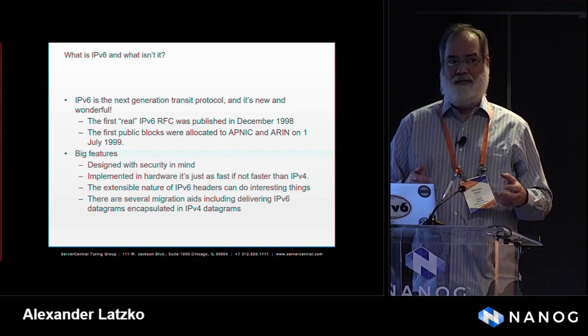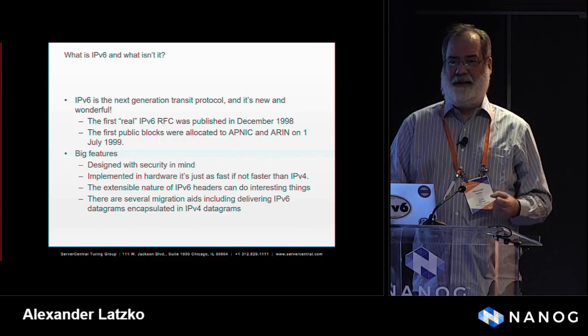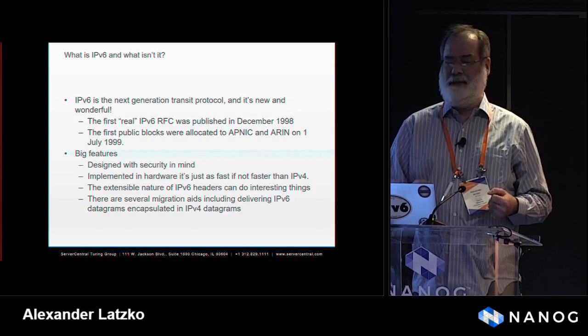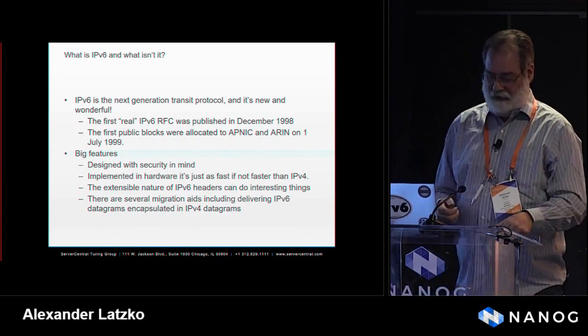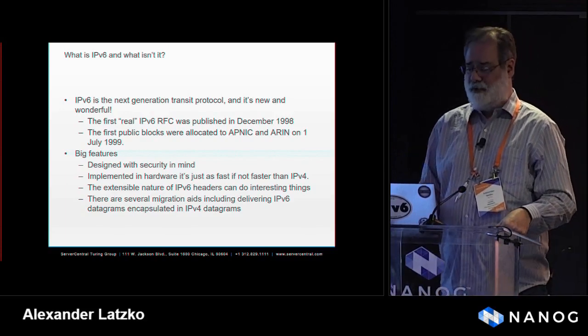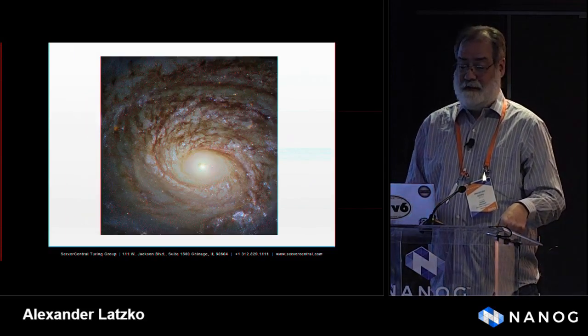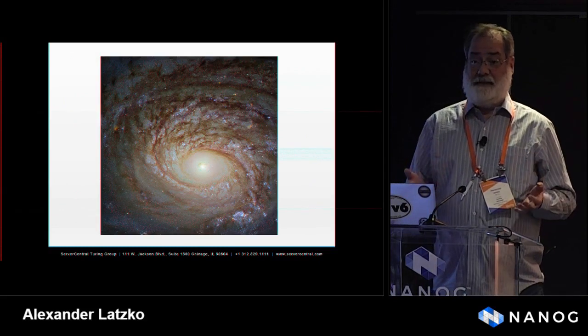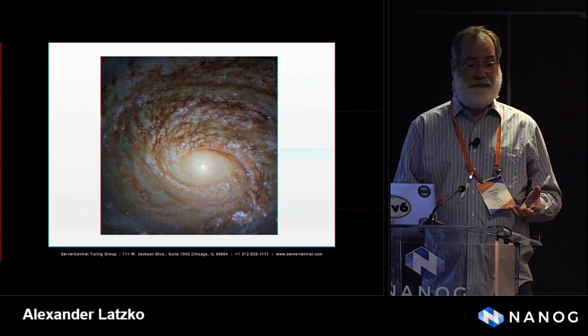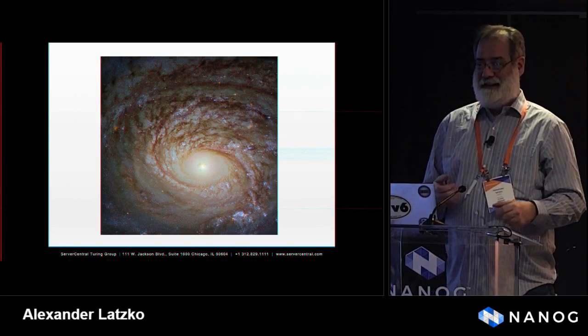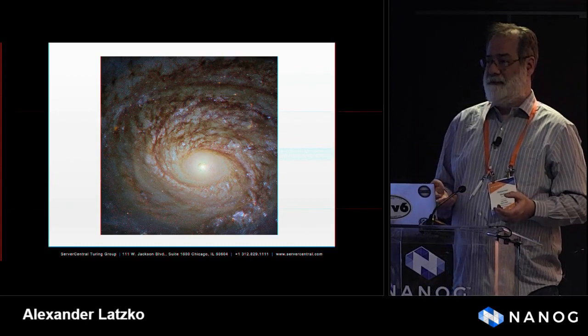IPv6 has one real strike going against it at this point, and that's people just don't know about it yet. But it's got many things going for it. And the big thing that's going for IPv6, well, there's this little problem with population.